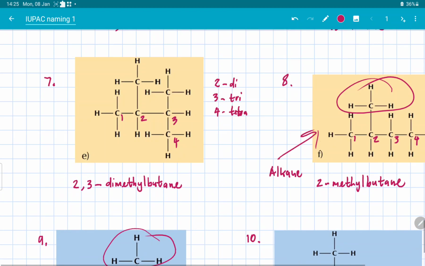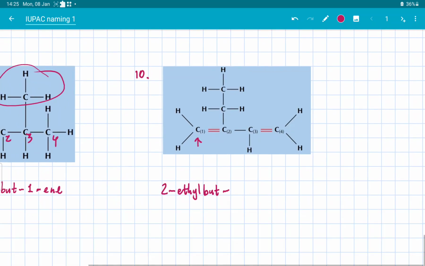When there are two double bonds, they are at carbon 1 and carbon 3, and we use diene. So 2-ethylbuta-1,3-diene.